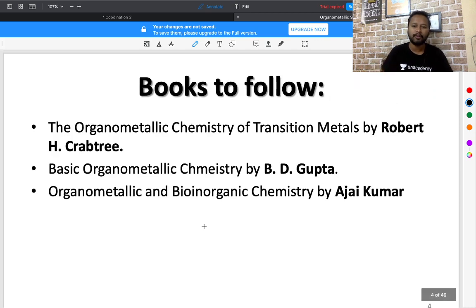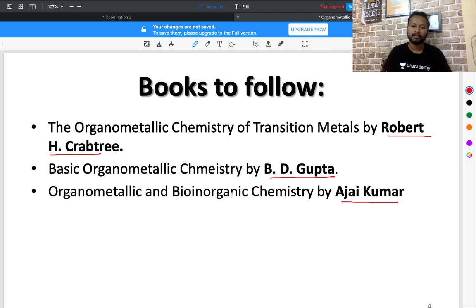Now, books which you need to follow, yesterday I didn't mention it, but these are three books which I will recommend you to follow for CSIR NET preparation. These are Organometallic Chemistry of Transition Metals by Robert H. Crabtree. Generally people say it like Organometallic by Crabtree. Then there is a book by BD Gupta, that also you can follow. And there is a book by Ajay Kumar, Organometallic and Bioinorganic Chemistry.